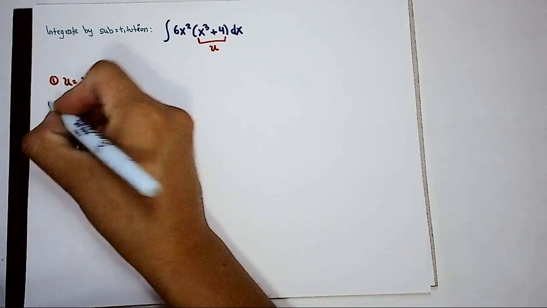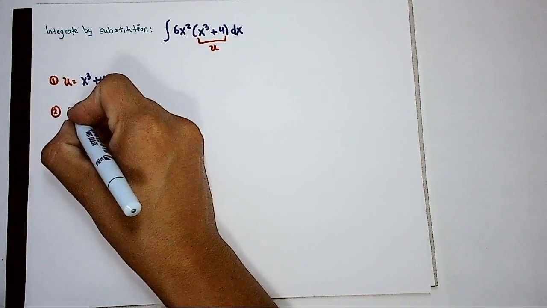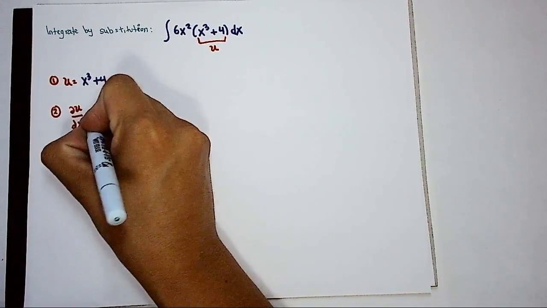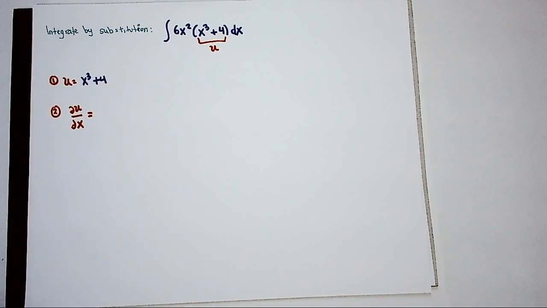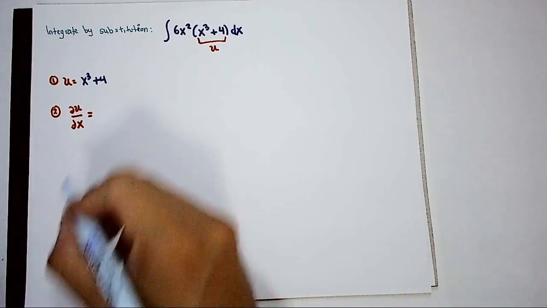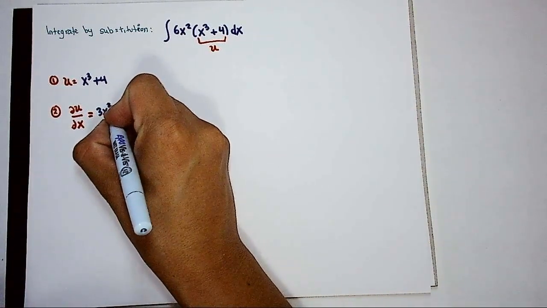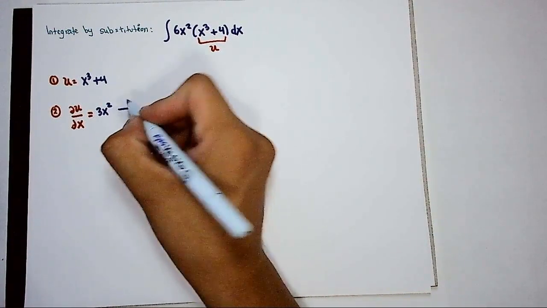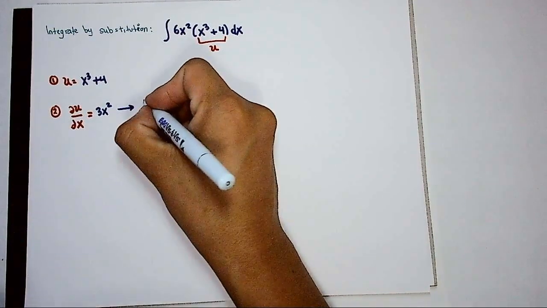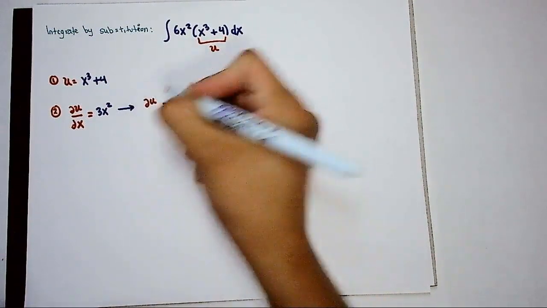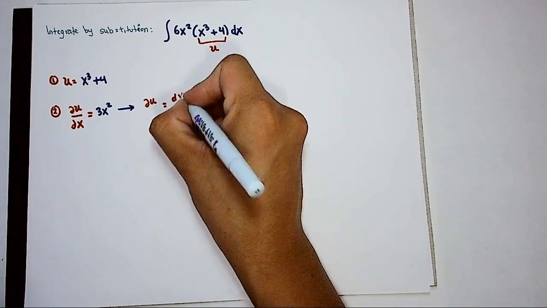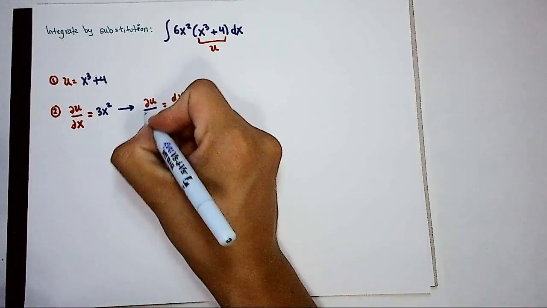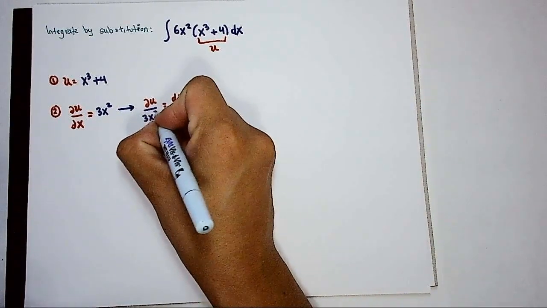Then we take the derivative of u with respect to x. This is 3x squared. Here we can reorganize terms, and we have that dx is equal to du divided by 3x squared.